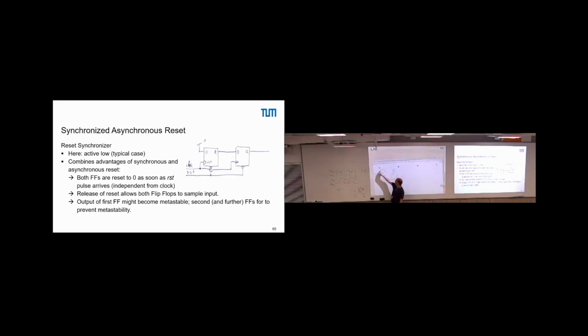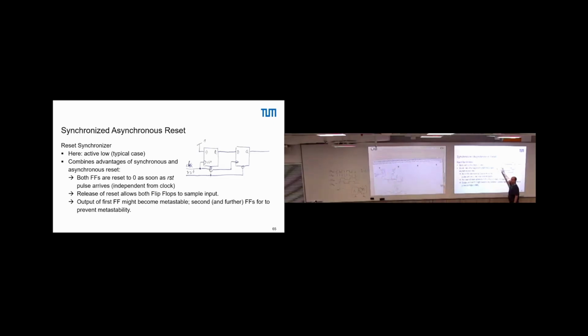Releasing the reset means this flip-flop is put into action, a clock arrives, a 1 is put here, so the 1 propagates into the system with the rising edge of this clock. So we now have an asynchronous reset and a synchronous set. Reset is asynchronous because it directly propagates without clock into the system. Set is synchronous because if we release the flip-flop, we wait on the next rising edge before the 1 is propagated, right?